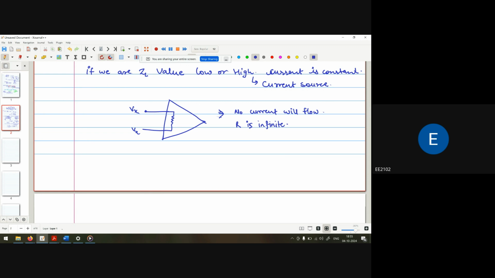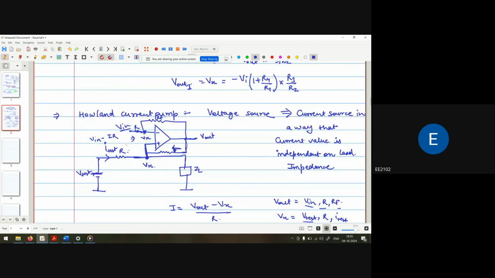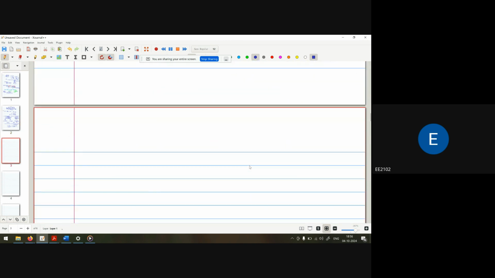Now the overall resistance is infinite. How should this overall resistance be infinite?